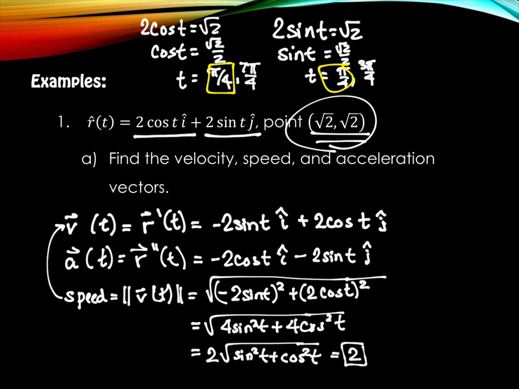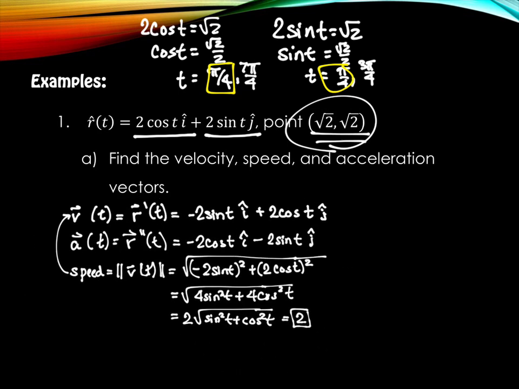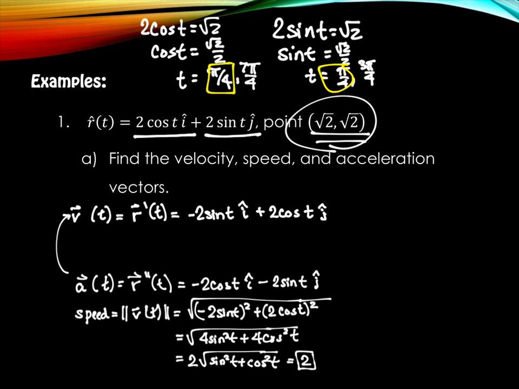So when we come back to each one of these, I'm going to shrink them so that I have space between them. So if I come back in here and I find v of pi over 4, this will be negative 2 sine of pi over 4 i plus 2 cosine of pi over 4 j.